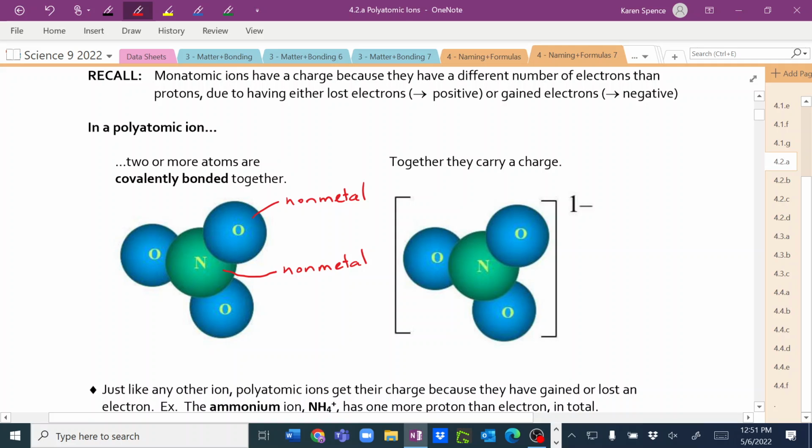If we have a non-metal plus a non-metal, what kind of bonding do we get? Covalent bonding. So in between the nitrogen and the oxygen, each of them, we have covalent bonds.